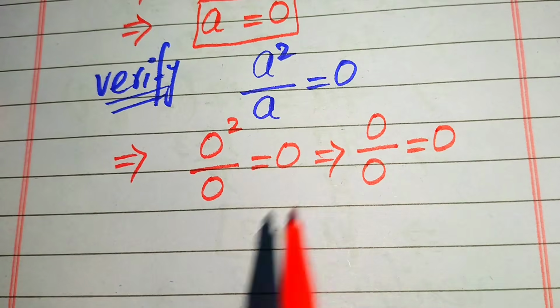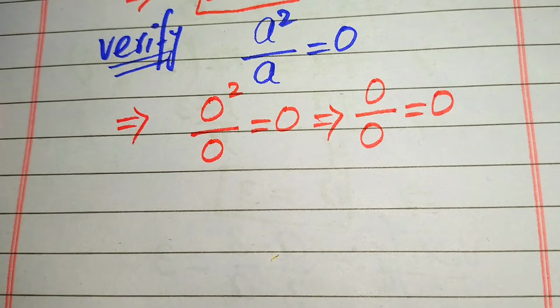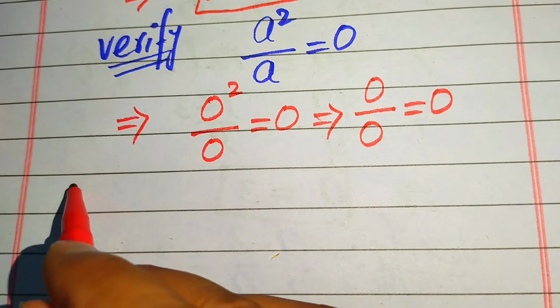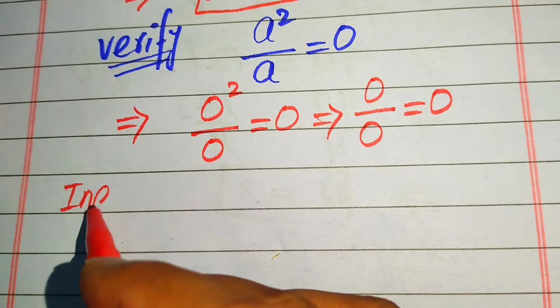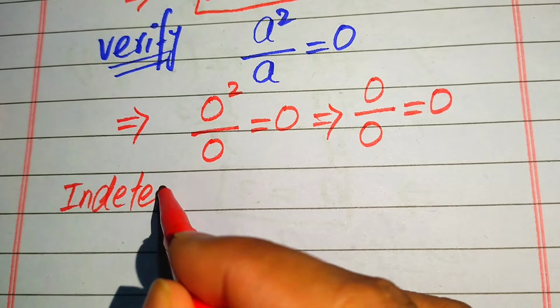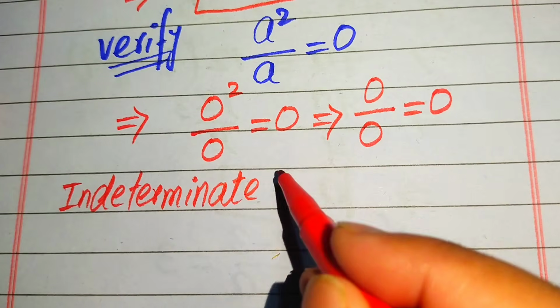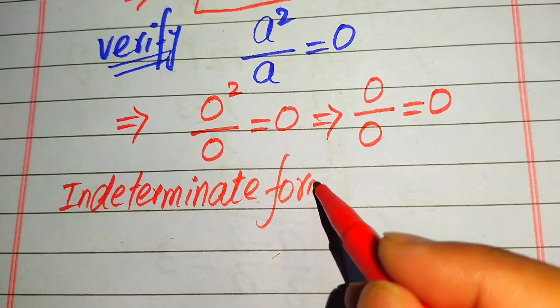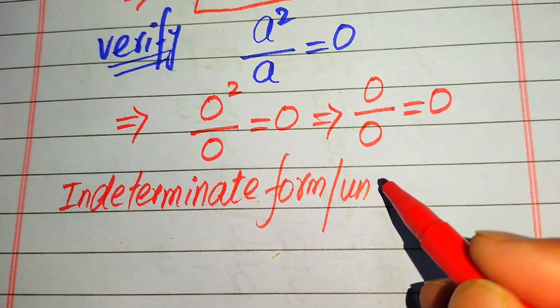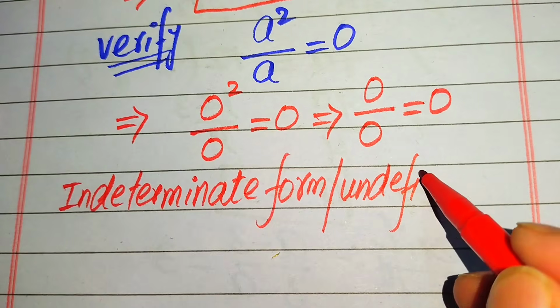We know that the 0 over 0 form is called an indeterminate form, or in other words an undefined form.